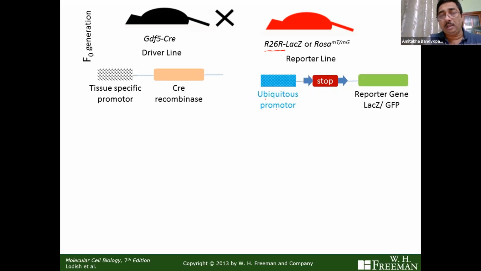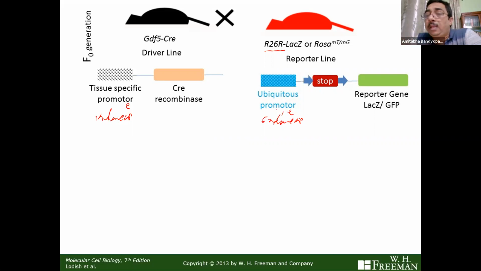There is a typographical error here. It is a ubiquitous promoter, and the Cre line is driven by a tissue-specific promoter enhancer, so it will be expressed exactly where GDF5 is normally expressed.